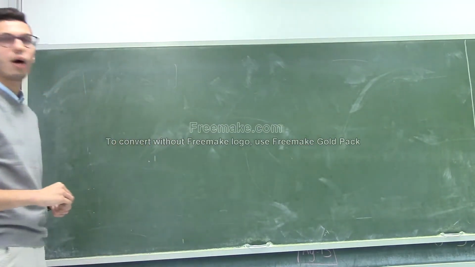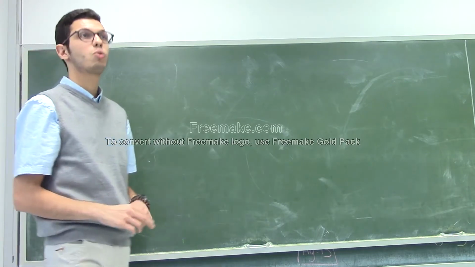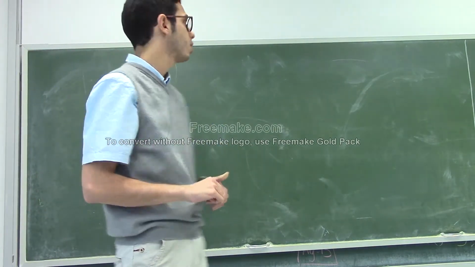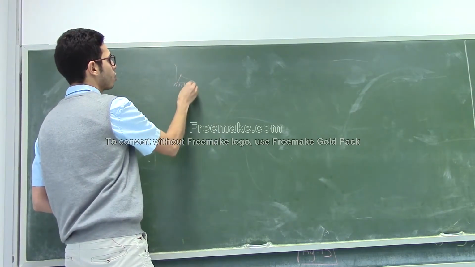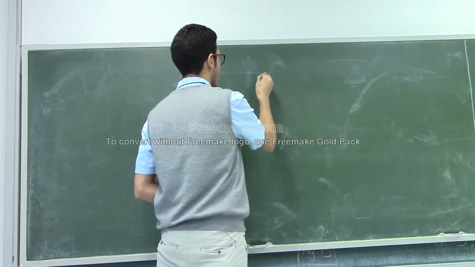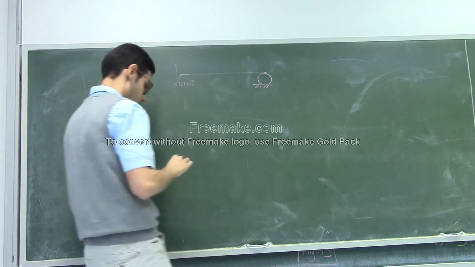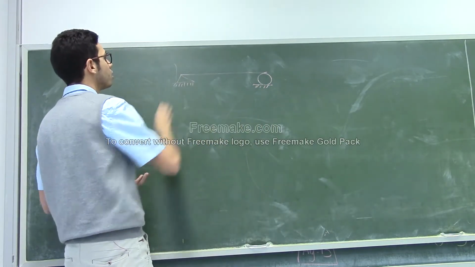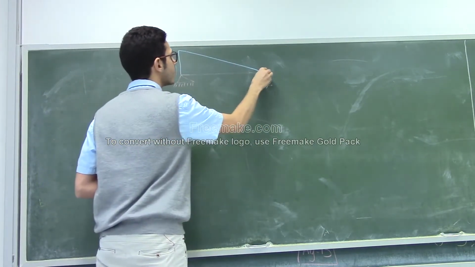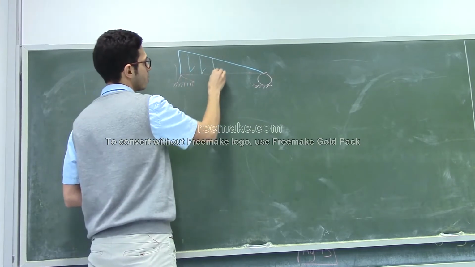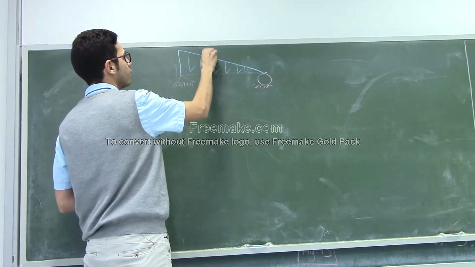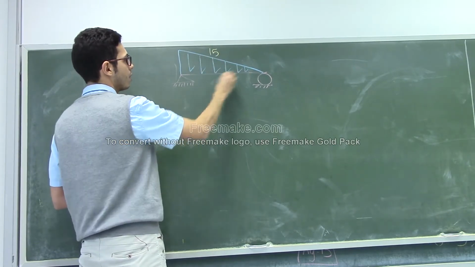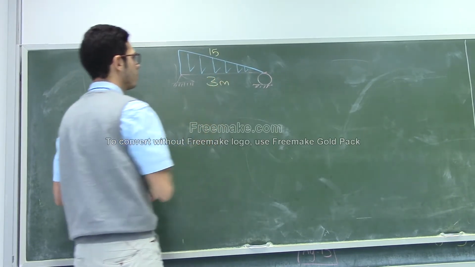Now, after we find the reactions, we should start drawing the diagrams, right? This is the support that we got, and there is a load. The load was like this. The value of this load was 15, and the length of the beam was 3 meters.